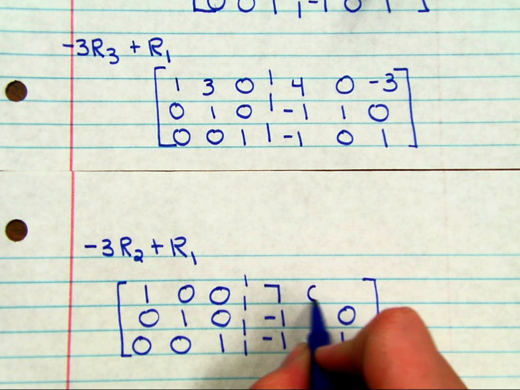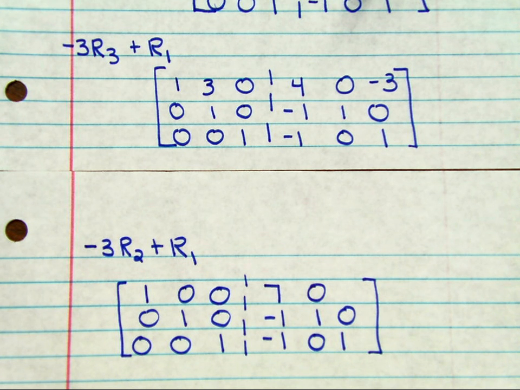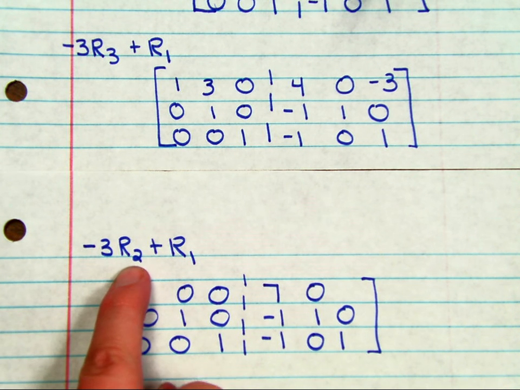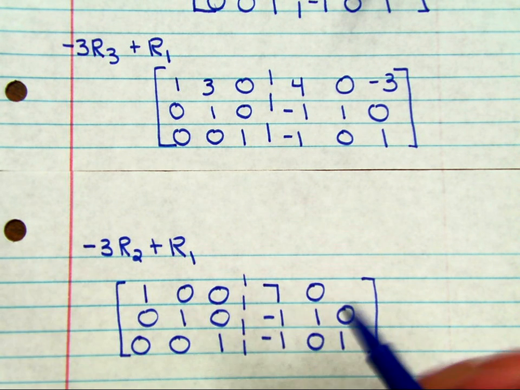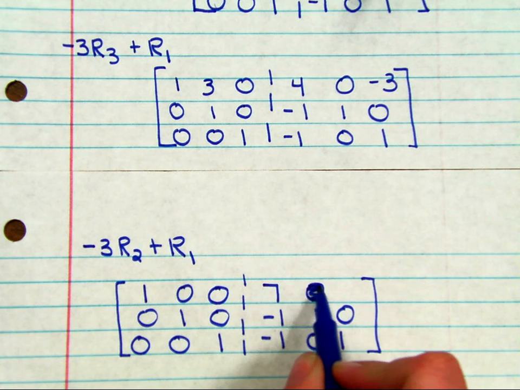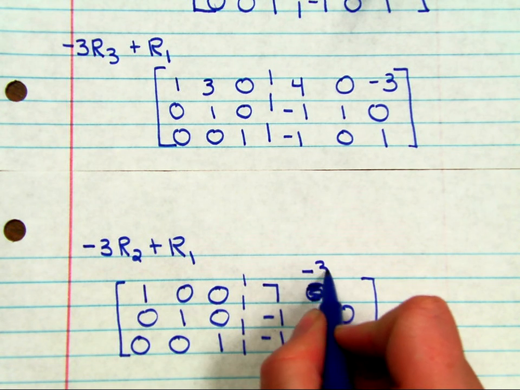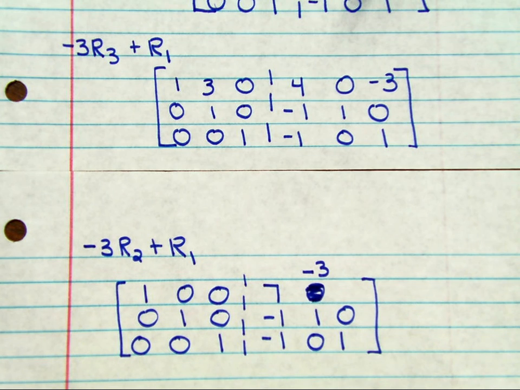Oh, except I made a mistake, so let's stop. I multiplied by 0, which is row 3, but I'm multiplying by row 2 right here. So I'd really be doing negative 3 times 1. This entry should be a negative 3. And then I need to do negative 3 times 0 plus negative 3, so my last entry should also be a negative 3.